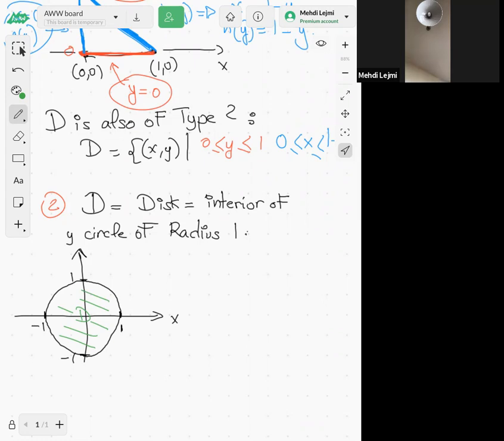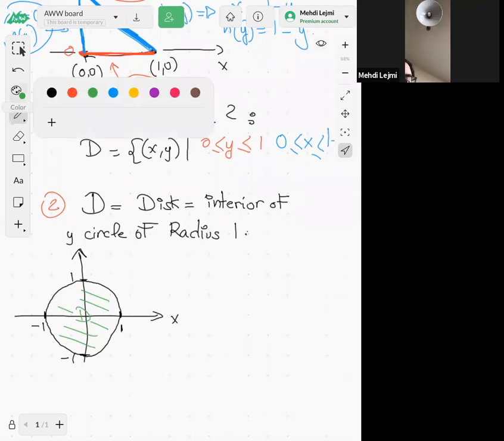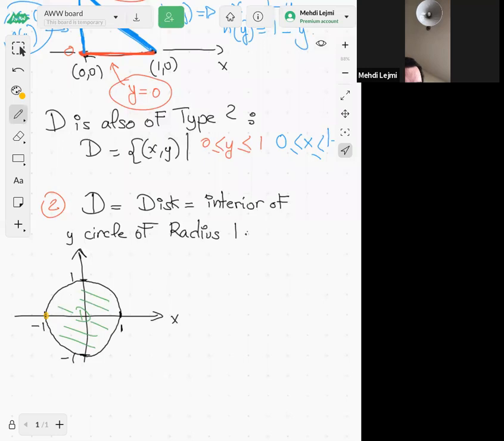Let's say you start with x. So your x varies from -1 to +1. At -1, we do have just a point. It's not a segment at -1.